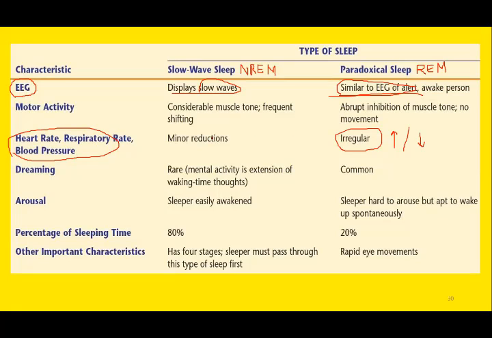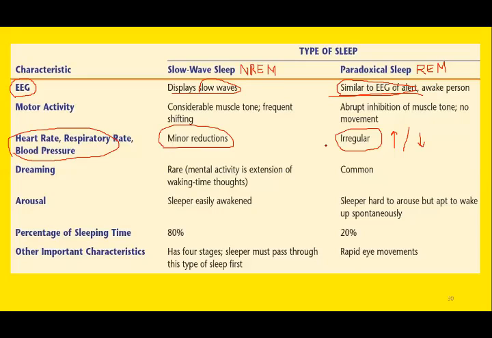On the other hand, during non-REM sleep, most of these parameters, like heart rate, respiratory rate, arterial pressure, or even tidal volume, show no significant change. But these parameters are extremely fluctuating during REM sleep.